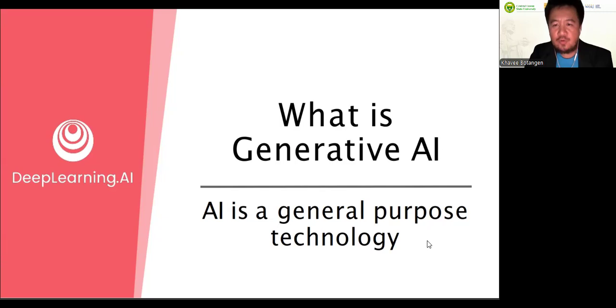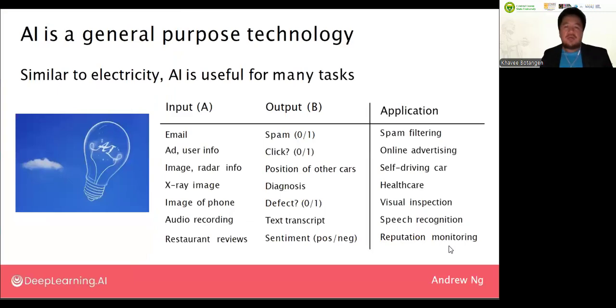So let's break down what a general purpose technology means. Similar to electricity, which serves many functions, AI can also be applied to various tasks.